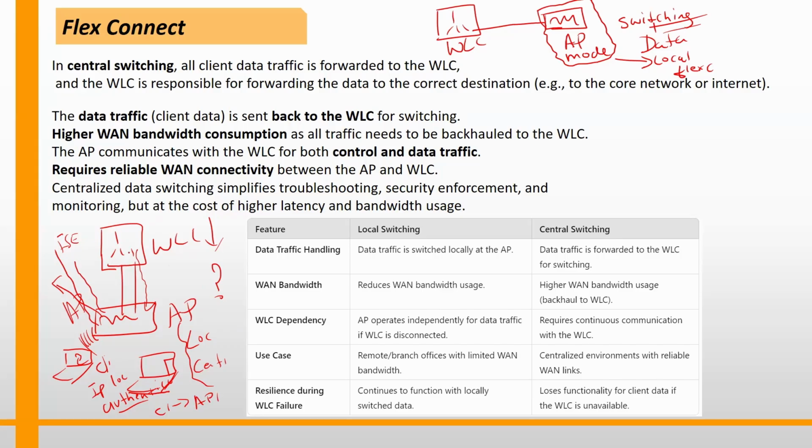Will that update happen? No, it will not happen because the WLC is down. Will it happen once the WLC comes up? Yes, it will happen after the WLC comes up. But by that time, will it be able to send the data? That will not happen. So that's why the new clients will not be registered.